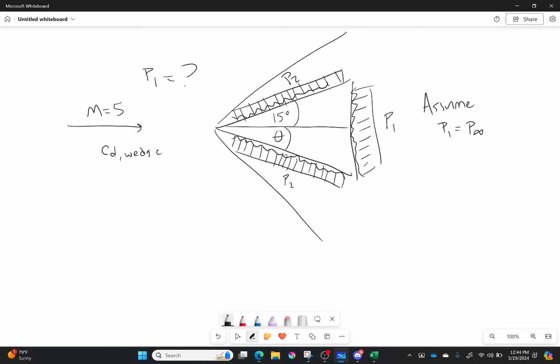The coefficient of drag per unit span is going to be equal to my drag per unit span all over my dynamic pressure, 1, times the surface area. There we go. And that works out fine for us.